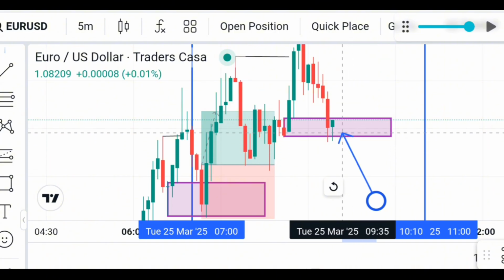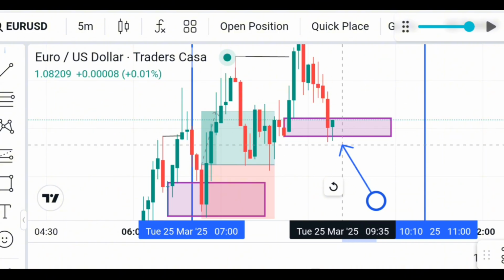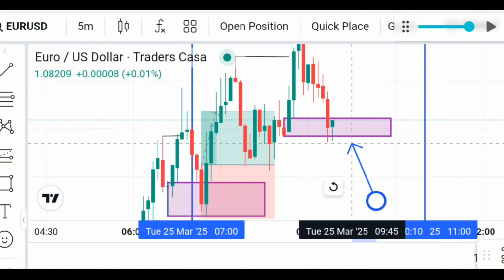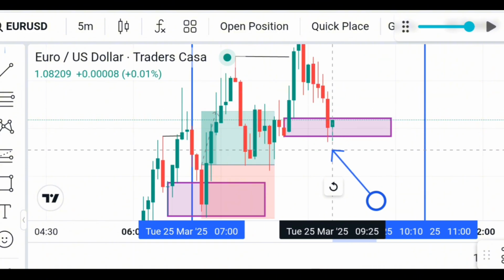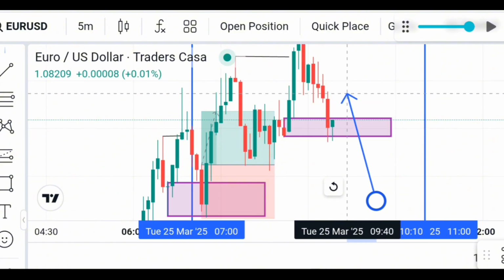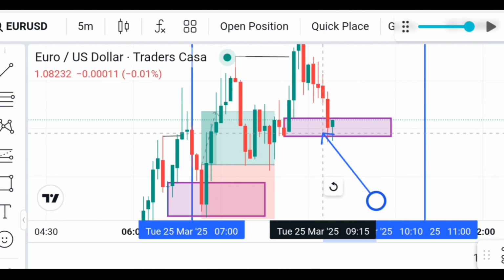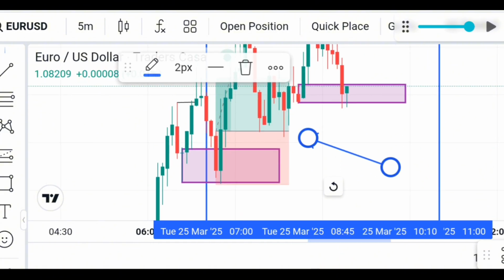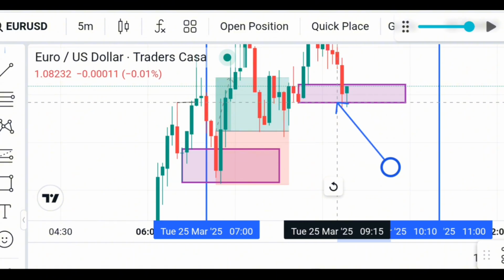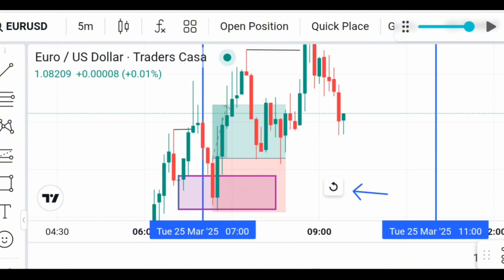What I mean is, you wait for a tap to this zone, then wait for the candle confirmation that I told you earlier, a candle break confirmation. So if this candle tapped to this zone, we could have waited for a break above its high, right? Before the violation. If our area is violated, we don't take that zone because it's invalid, right?